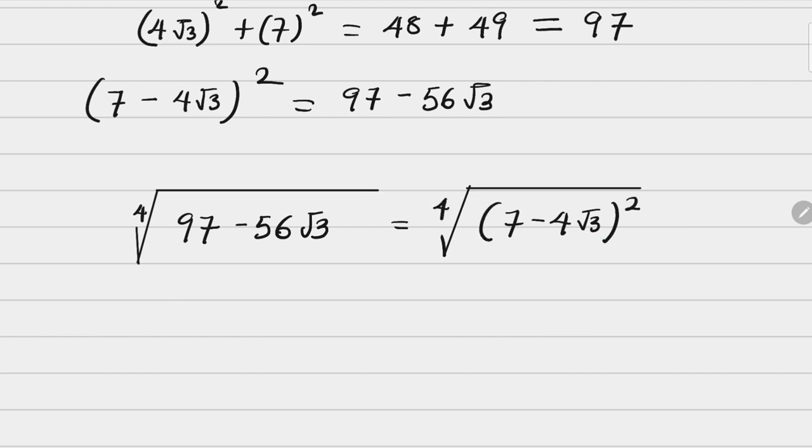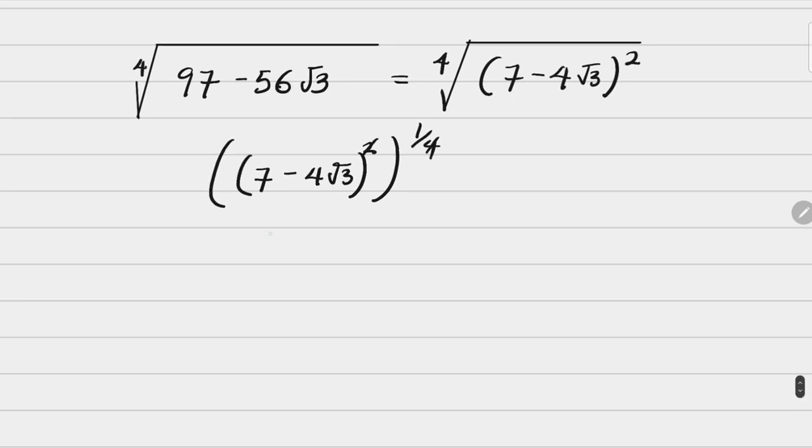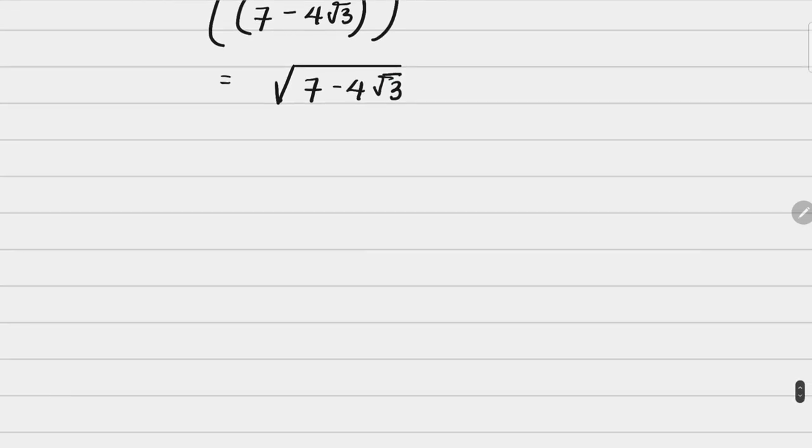This can be written as 7 minus 4 root 3 all squared, all raised to power 1 over 4. So this cancels this. We go back to the question being simplified as the root of 7 minus 4 root 3. Good, so we've made progress. We've reduced the question. Now let's move to the next thing.